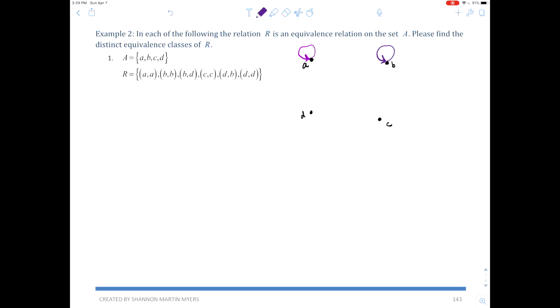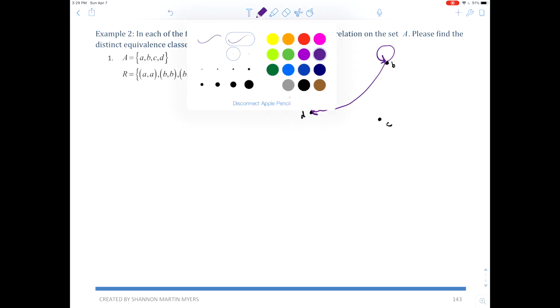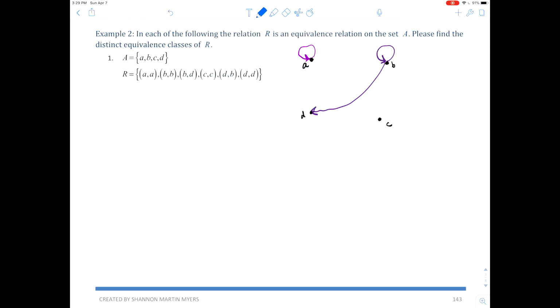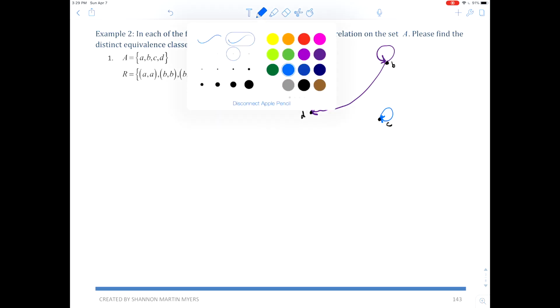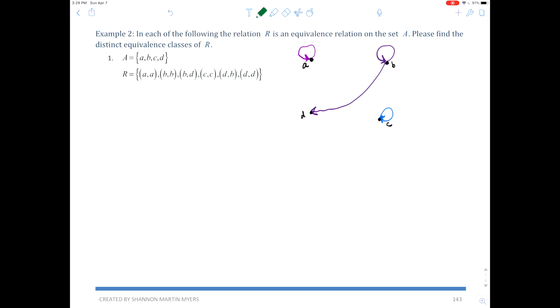B also maps to D. Going to C, what do we have? C maps to itself, and that's it. And then coming back over to D, D maps to B, and D maps to itself. Okay? So this is the directed graph of the relation R.